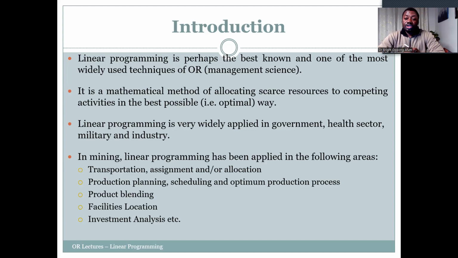It has been used in production planning. It has been used in scheduling and also finding the optimum production process. Linear programming has been used in blending problems or product blending, where we try to combine products to achieve maximum output or revenue, and in location of facilities, or how we site facilities.